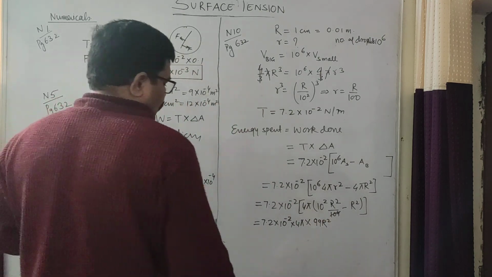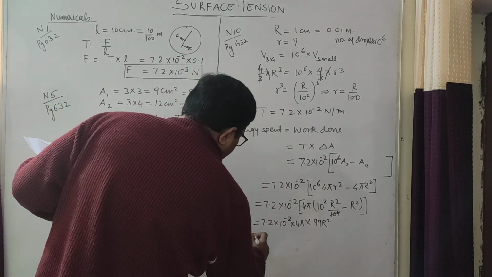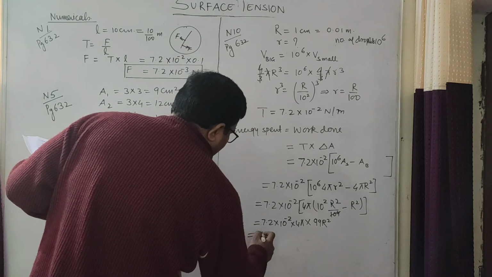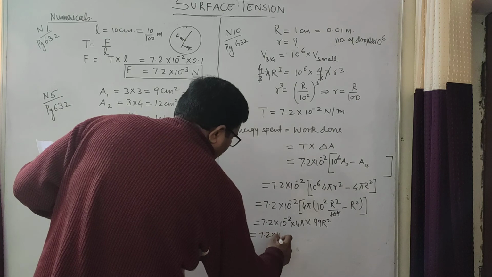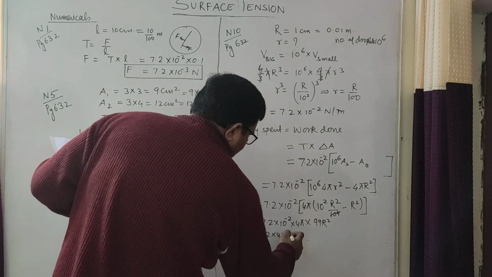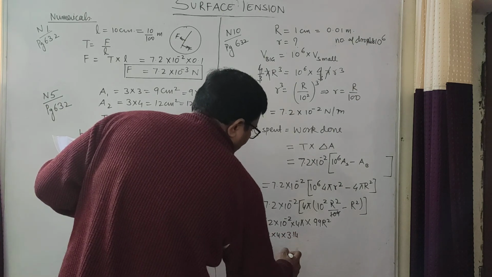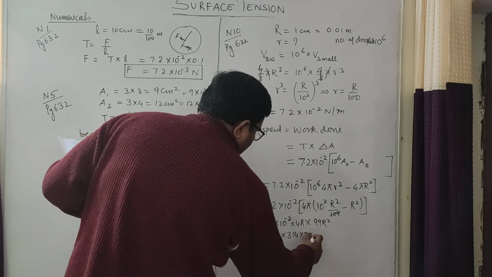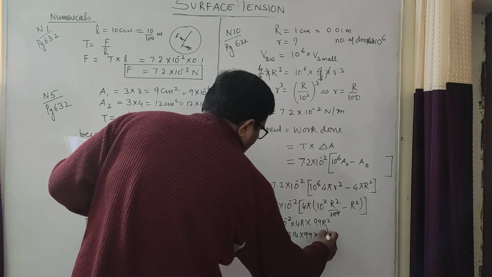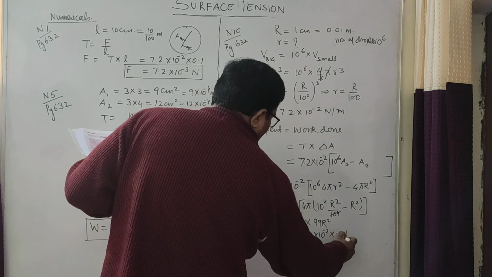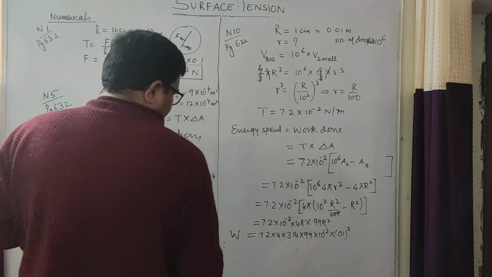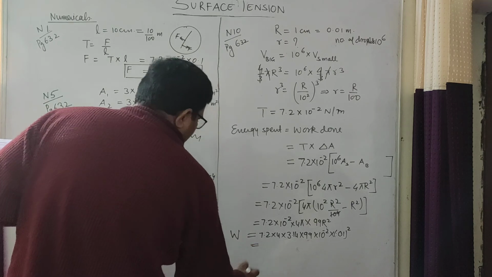And the value of R is known. Put the values. So the work done or energy spent is equal to 7.2 into 4 into 3.14, that is the value of pi, into 99 into 10 to the power minus 2 into R, which is 0.01 square. I am writing the answer directly. You will solve this.